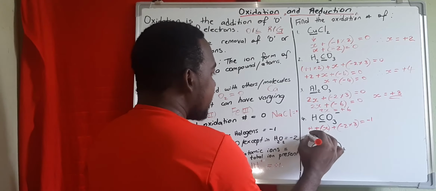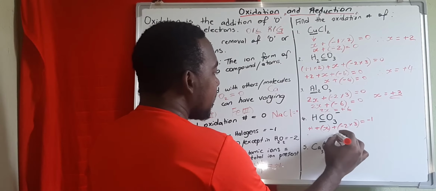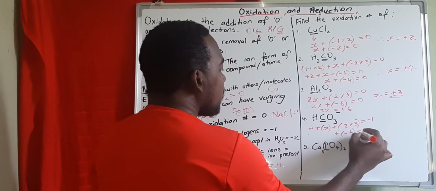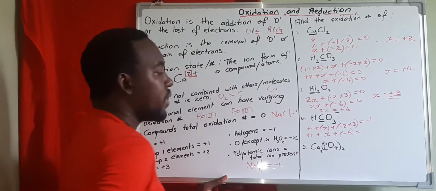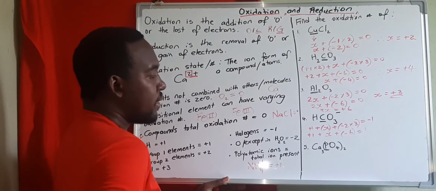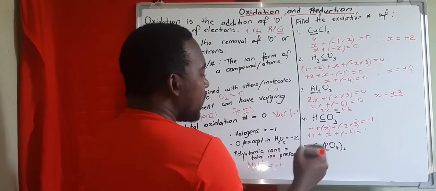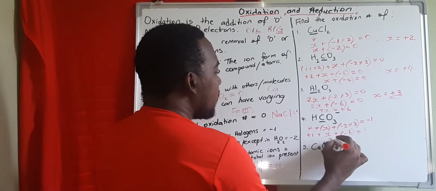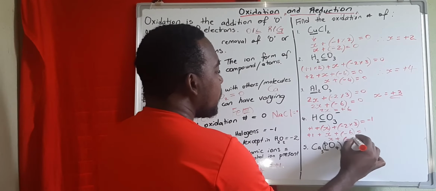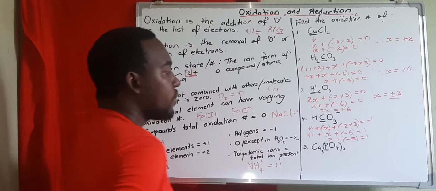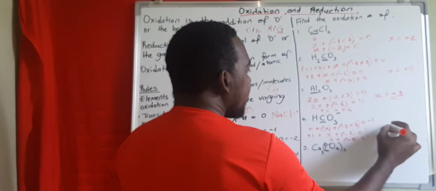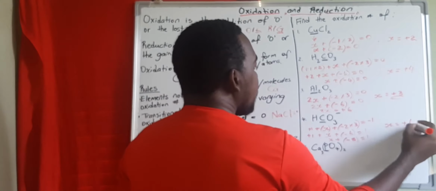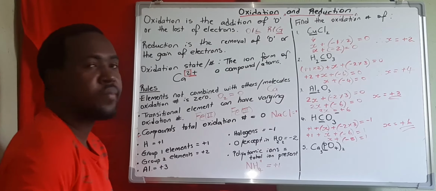So in this case, this is -6. This is X plus 1 here. So -6 and +1 gives us -5, equals -1. Right? So therefore, if we take over this, it becomes 6. So X would be +6 here.